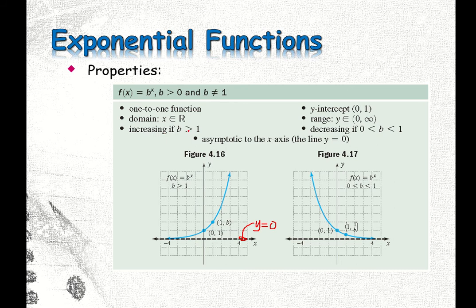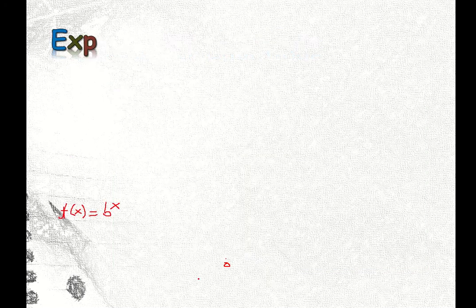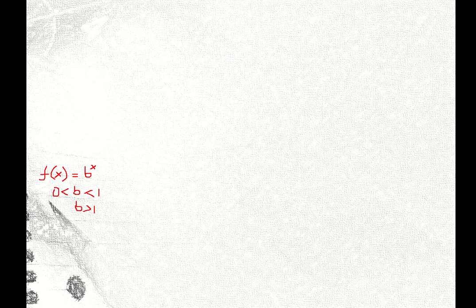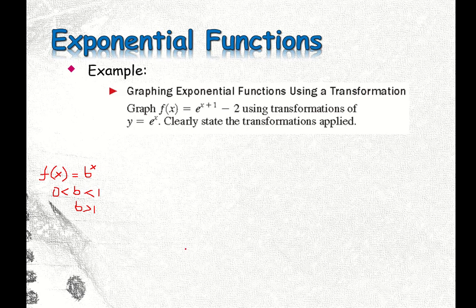It belongs to this condition here, because 2.7182818 is greater than 1. So we can say that the graph will look like this, increasing to the right as we increase the value of x. Okay, so when you graph this, then we just use the transformation.